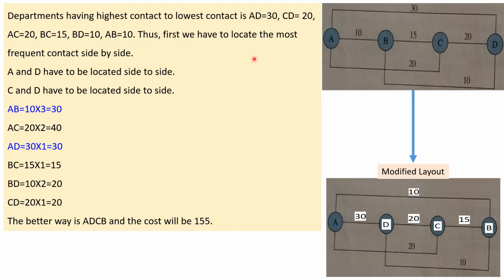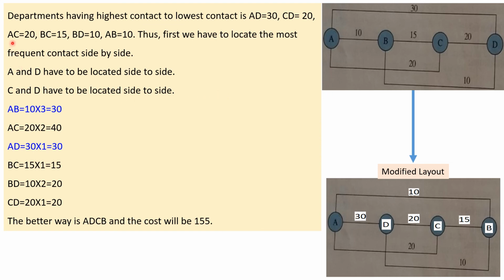Thus, from this contact summary, we have to put A and D side to side, because they have the highest contact summary. And C and D have to be also located side to side because they have the second highest contact summary.